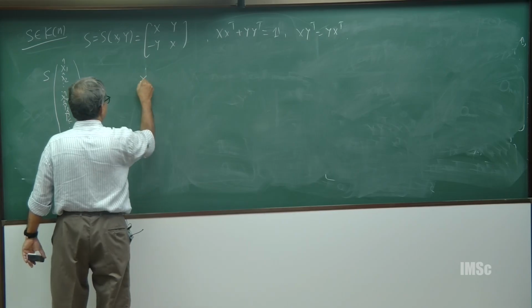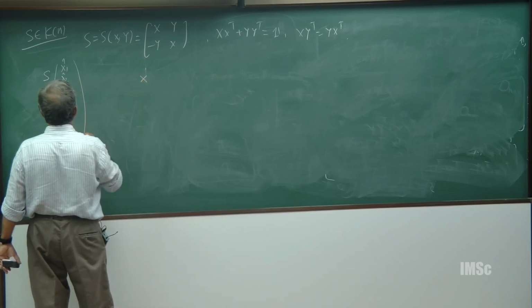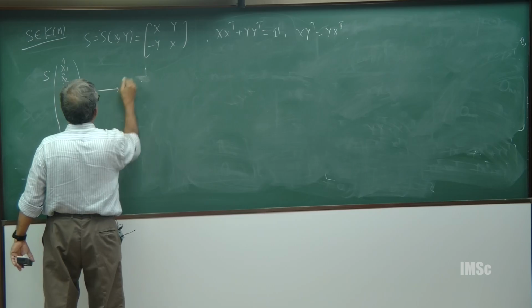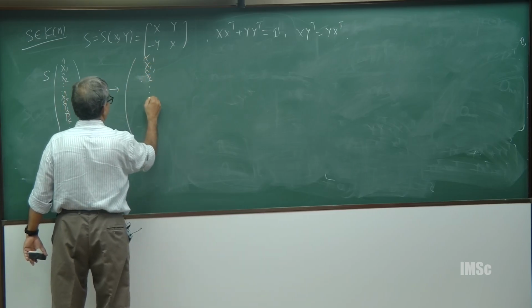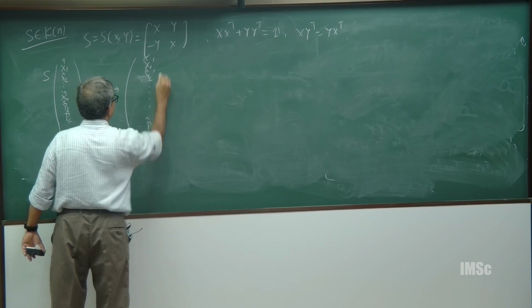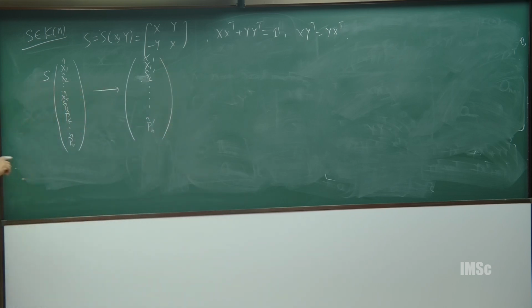So this will go to something like this, x1 prime, x2 prime, pn prime, right. This is what happens under the symplectic transformation.